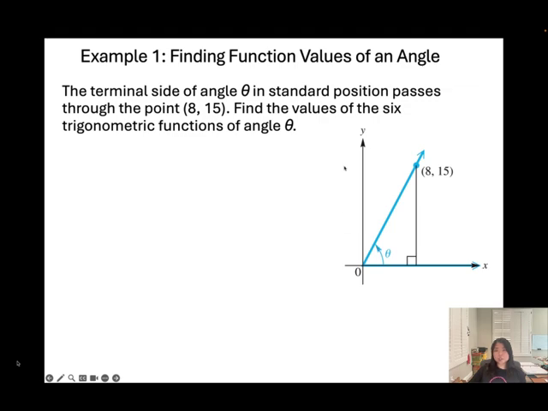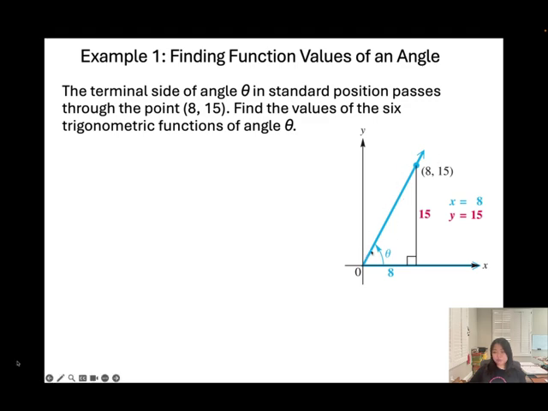Based on this picture, we're going to write down the 6 trigonometric functions. First, the x coordinate is 8, so this side equals 8. The y coordinate is 15, so this side, y, equals 15. Now we want to find r.